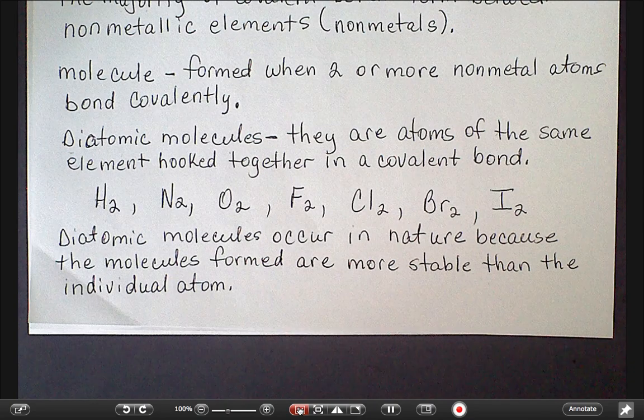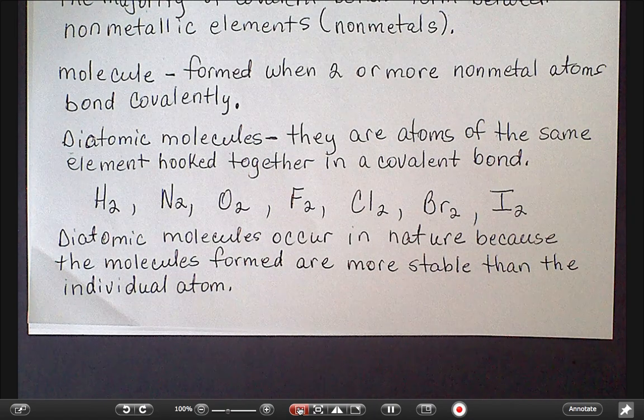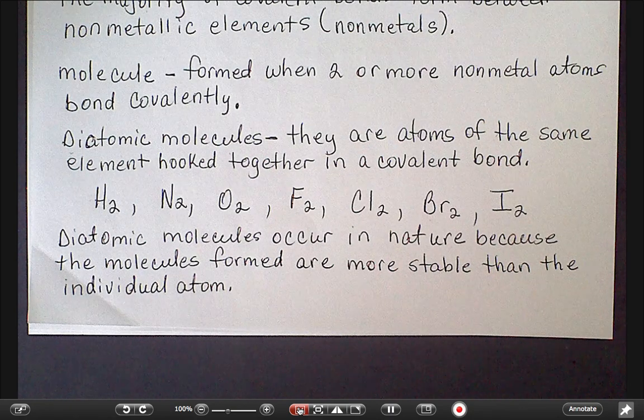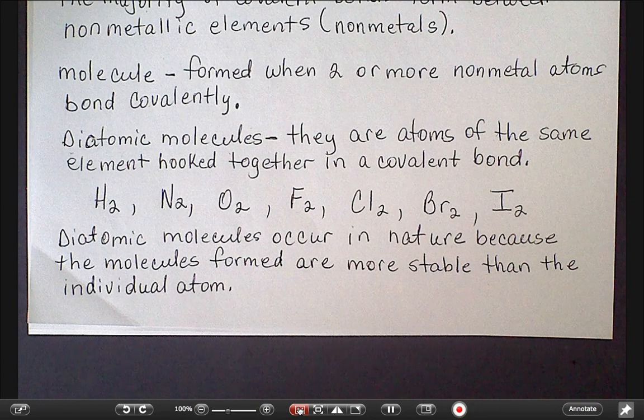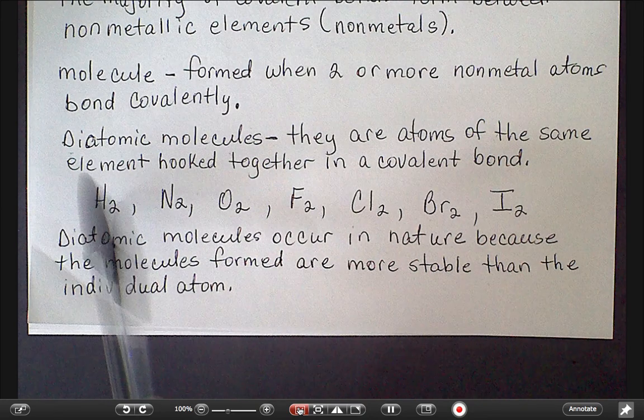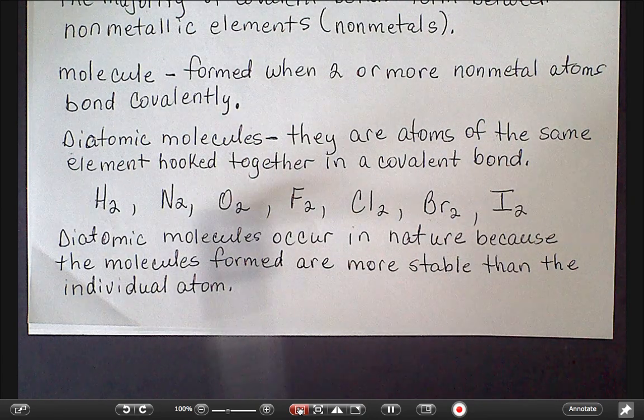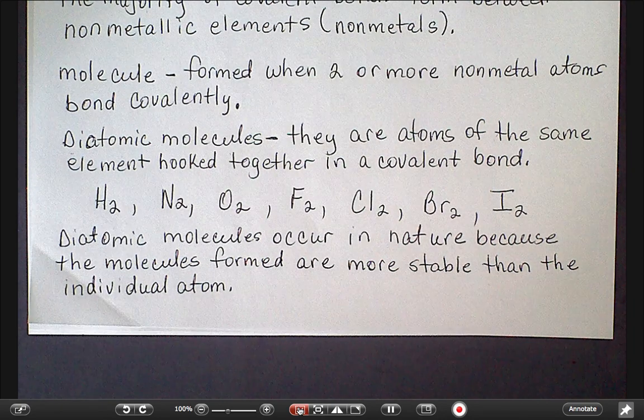So for any element on the periodic table, the majority of them are found in compounds, kids, due to increased stability. And it also applies to the elemental diatomics. That's why they hook together in a pair.